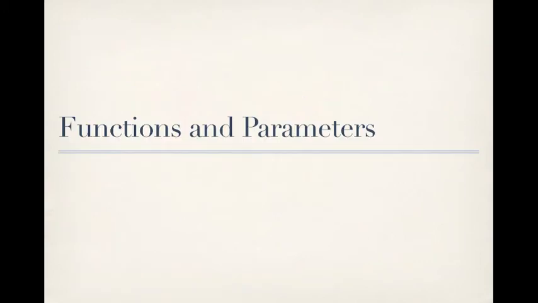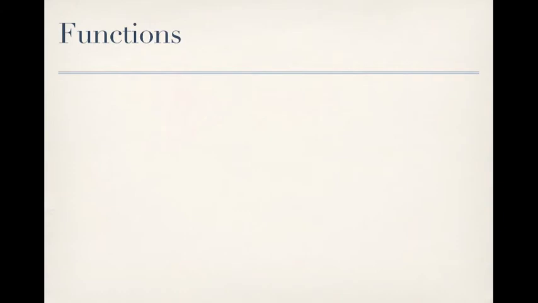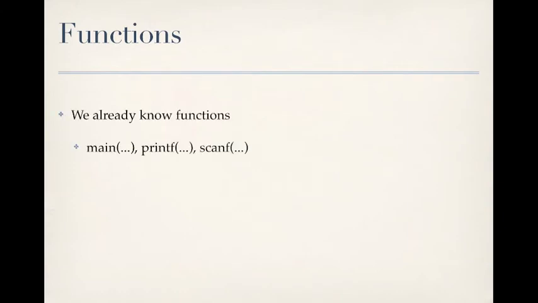Good. Now we're going to the last block, functions and parameters. And so now I can fulfill my promise that I will show you the solution of the puzzle with the last ampersand. But first of all, I'll check out functions. You know them already.